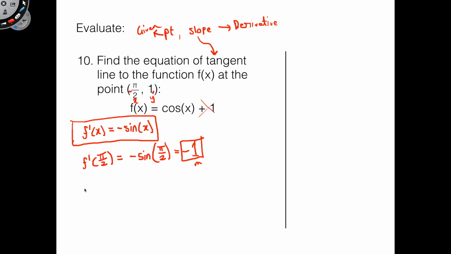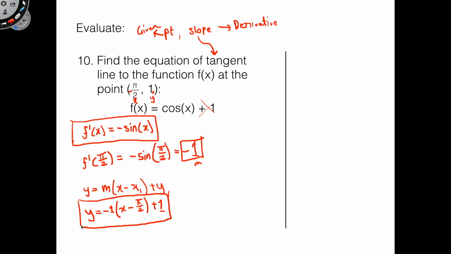So point slope form is y equals m times x minus x1 plus y1. So this is going to be y equals negative 1 times x minus pi over 2 plus 1. And you can just leave this as is and you will be fine.